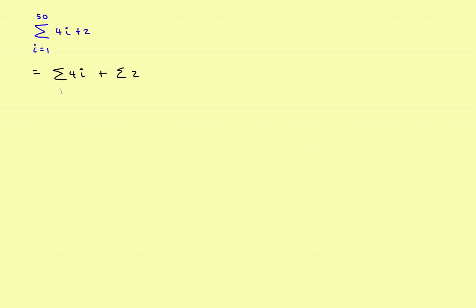Now, I'm not going to write the I equals 1 to 50 just to speed things up here a little bit. But if you have the summation of A plus B, and I think I'll write it up here, if you have the summation of A plus B, you can write that as the summation of A plus the summation of B. So you can split it up into two separate summations. Now the next step, once you split it up, if you've got a constant, you can bring a constant outside the summation sign.